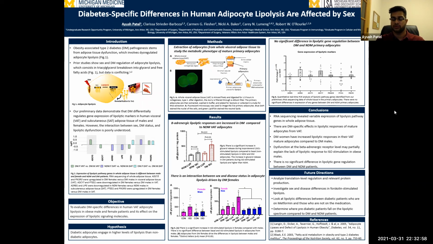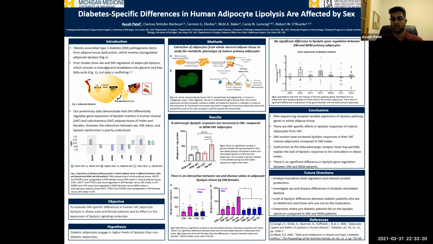And so when we take all of this information into account, some of the key takeaways are first and foremost that there are indeed diabetic specific effects in the way that adipose tissue has lipolytic responses. But in particular, what we found is that diabetic women have an increased lipolytic response in their visceral adipose tissue compared to diabetic males.